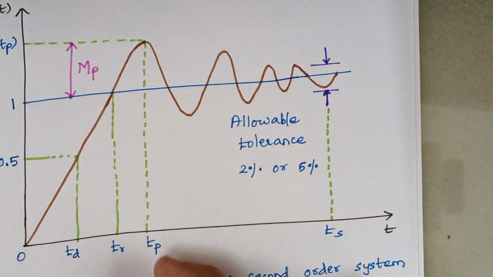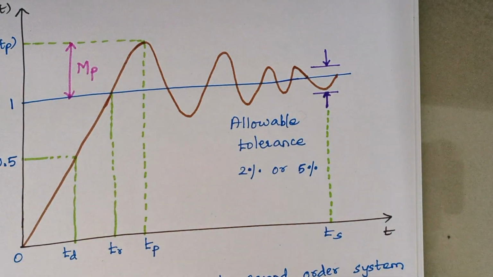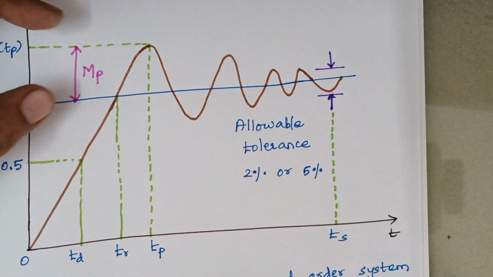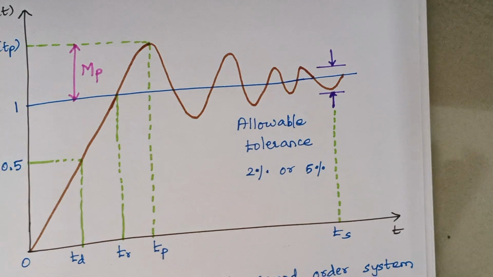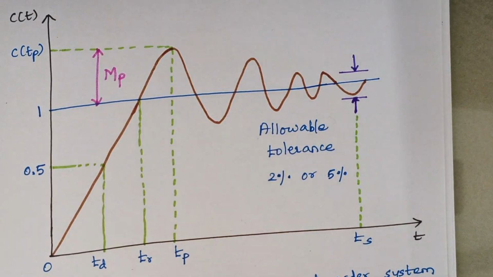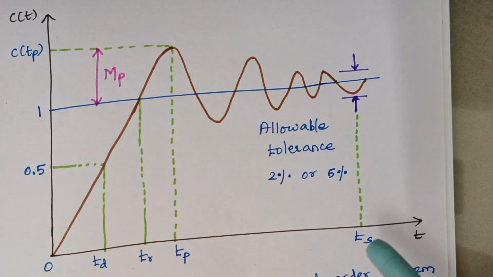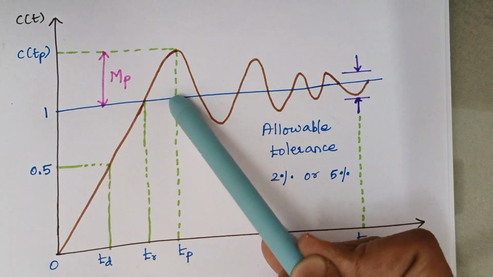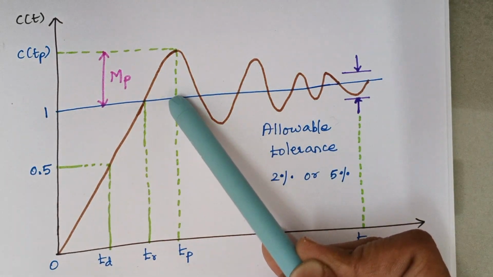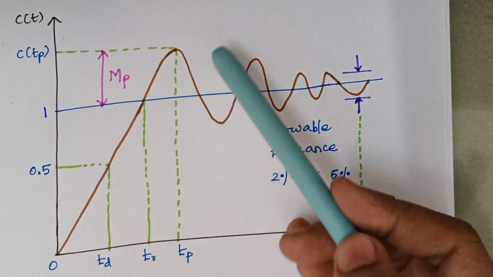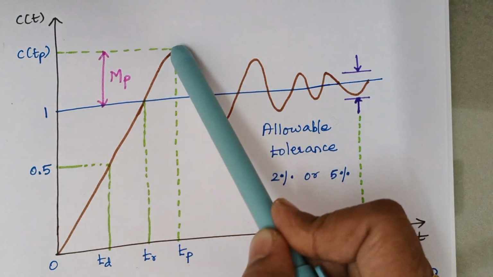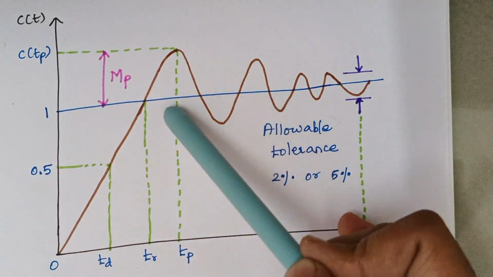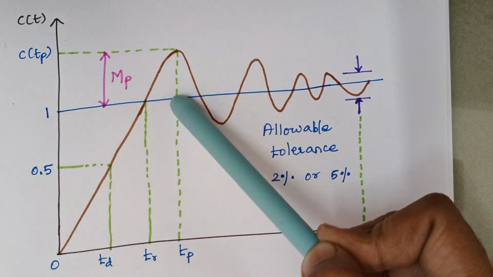Right. And the next one is maximum overshoot. From the graph, this is your maximum overshoot point. The maximum overshoot is the difference between the maximum value and the final value, divided by the final value. That is, C of TP is your peak value or maximum value, and this line is your final value. Right.